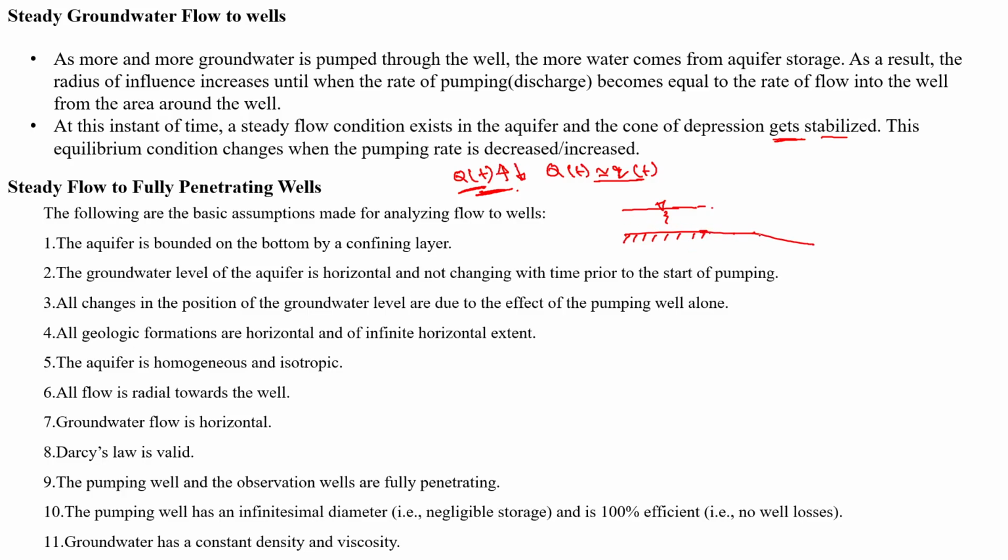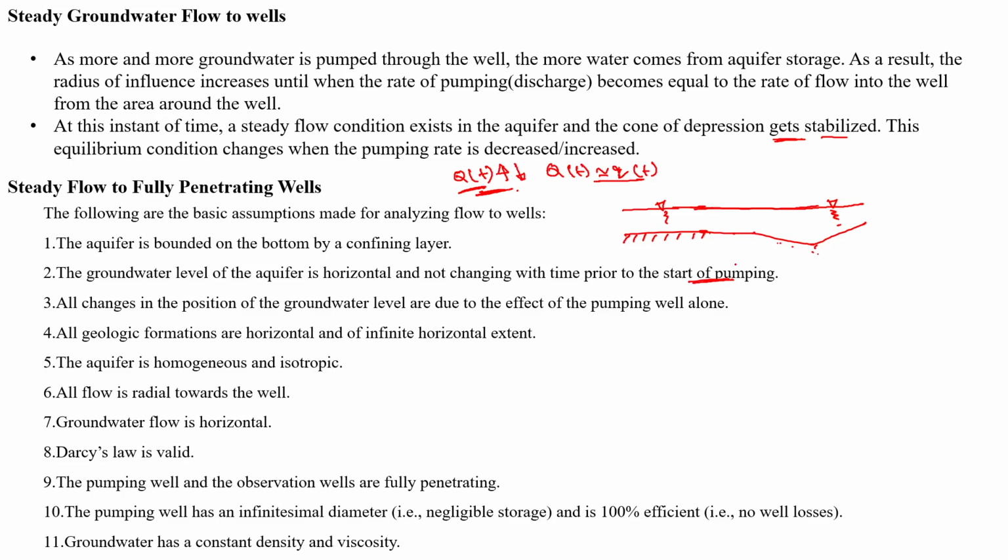Suppose there is sloping ground; despite whatever the ground condition, the water level should be horizontal. These are the assumptions we made to model this steady flow, and it remains constant before the start of pumping.